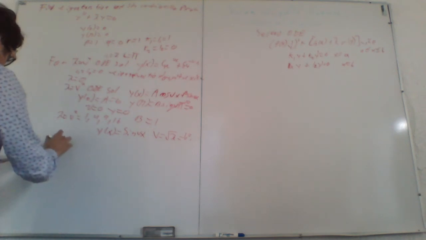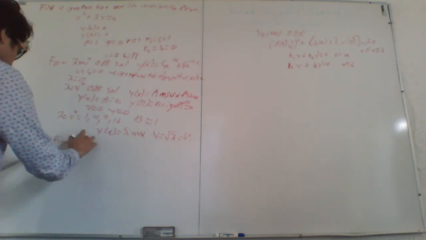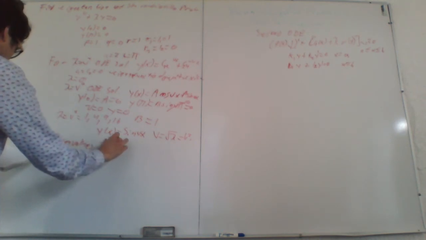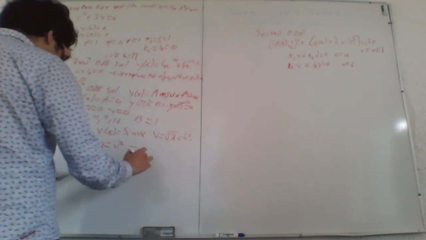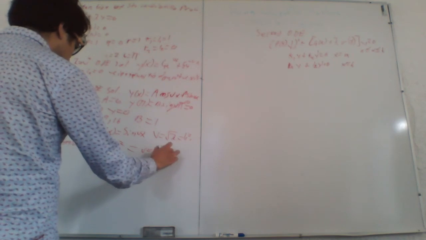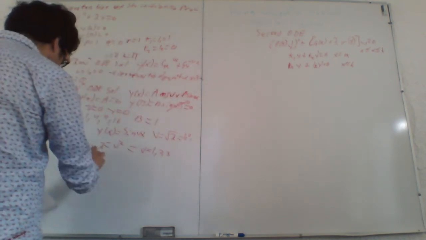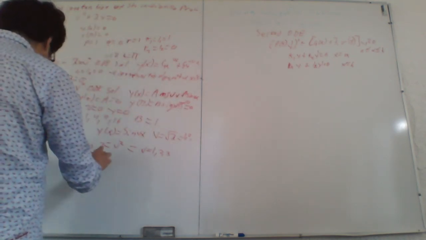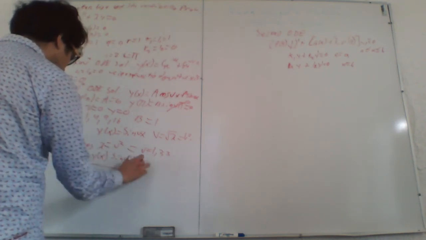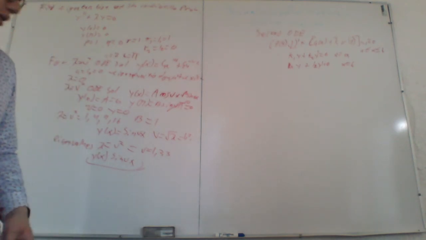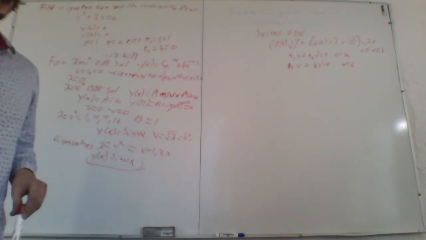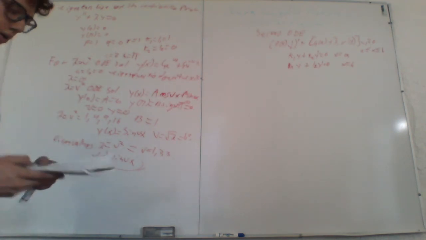So the eigenvalues are lambda equals b squared, where b equals 1, 2, 3, and the eigenfunction is y equals sine bx. Okay? So we are going to see another subject.